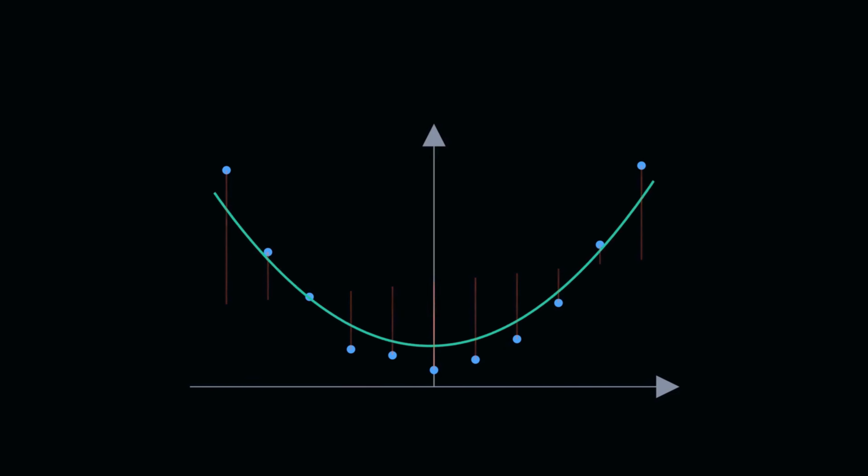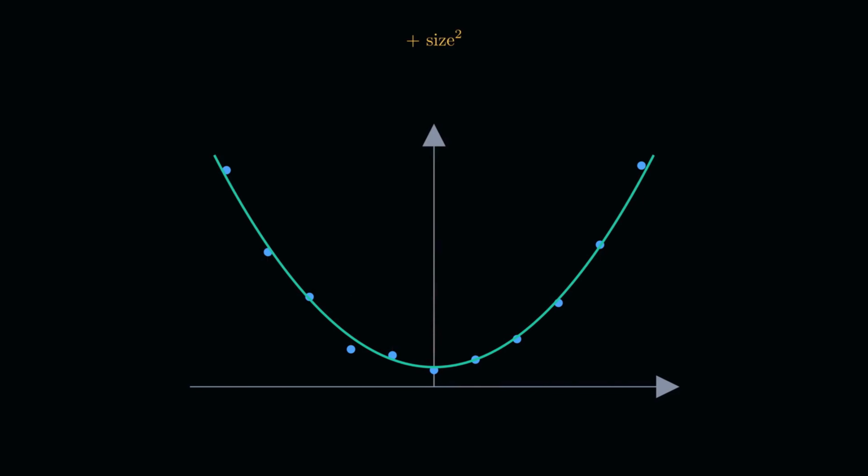Now, there's a huge misconception worth killing because it trips up even strong people who are pretty good at linear regression. Linear regression does not mean it can only ever draw straight lines. If I take my feature size and also feed the model size squared as an extra feature, the very same linear machinery can now bend into a curve.